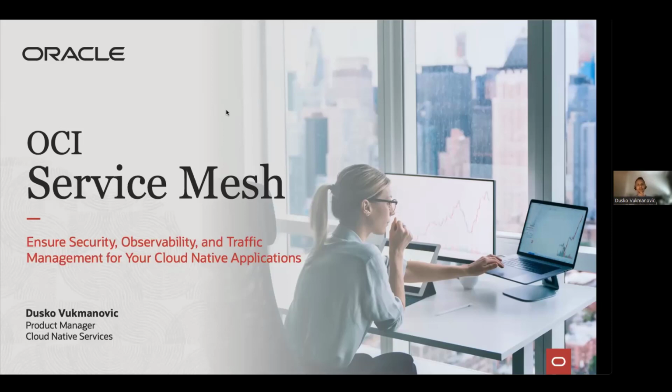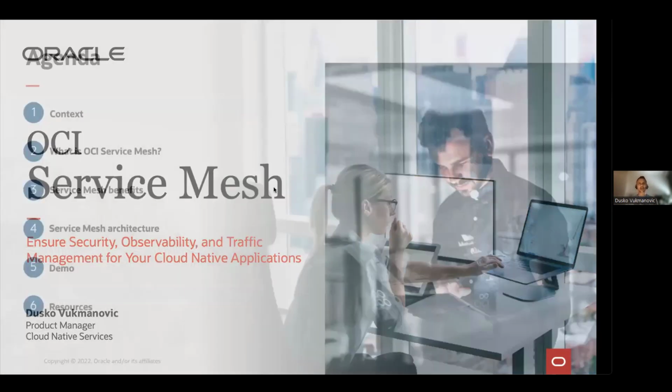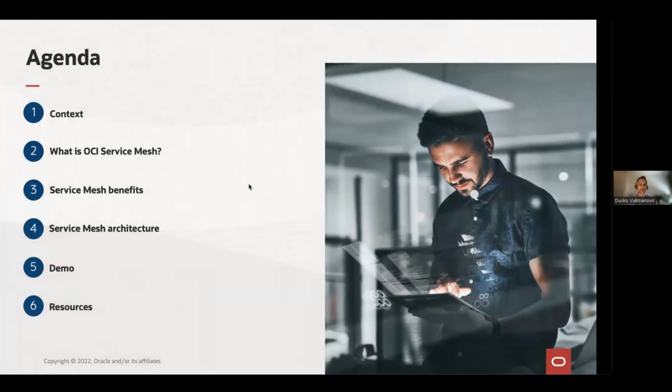So let me then present what the OCI Service Mesh is, and first, how it can help you gain productivity while building a cloud native app if you are using such a product. So this is the agenda. I will first set a context, like why we need a service mesh.